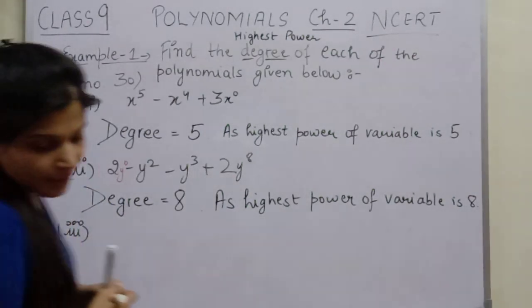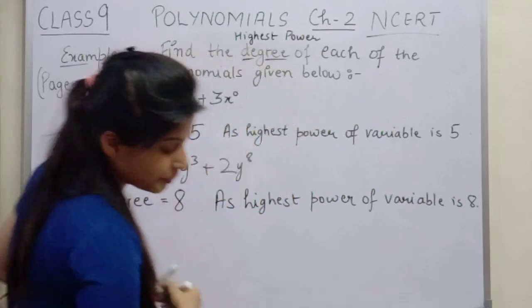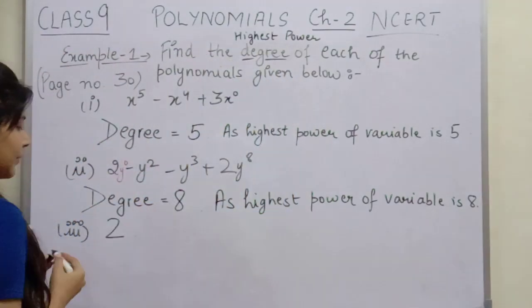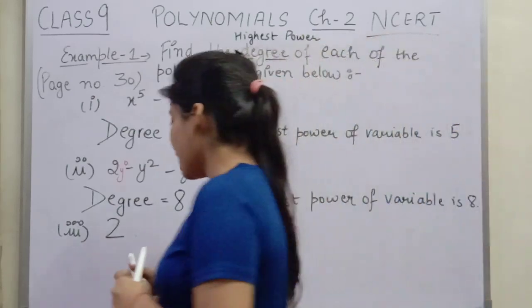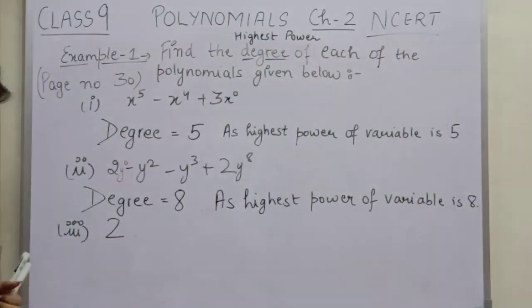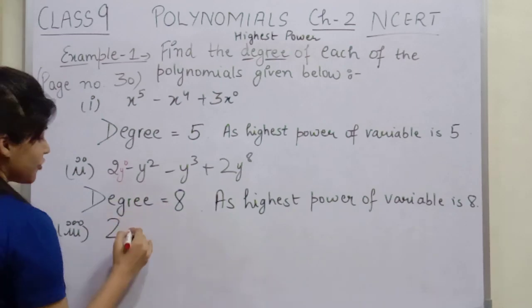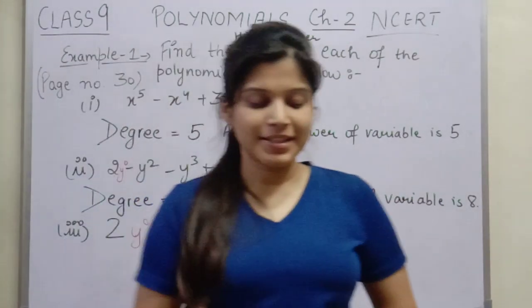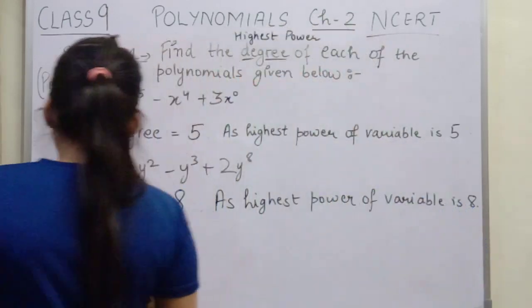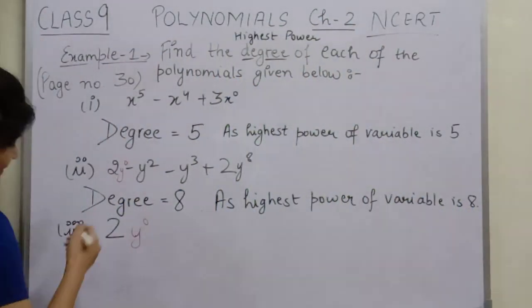The third part is 2, that's it. Now we know that this is a constant term. So if we check the degree of the variable here, the degree will be 0 because this is a constant term. Okay, so it means that degree is 0.